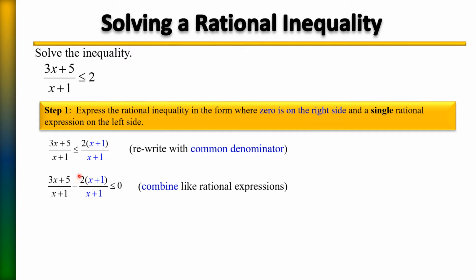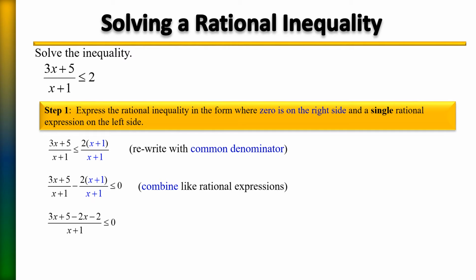So -2 times x is -2x. -2 times +1 is -2. So once we combine that, we've got to next combine our like terms on top. So combine the x family, 3x minus 2x, and then combine the constant numbers, a +5 combined with a -2.